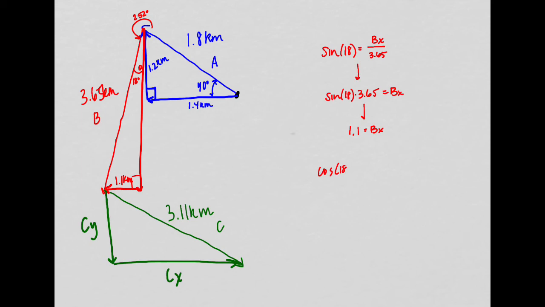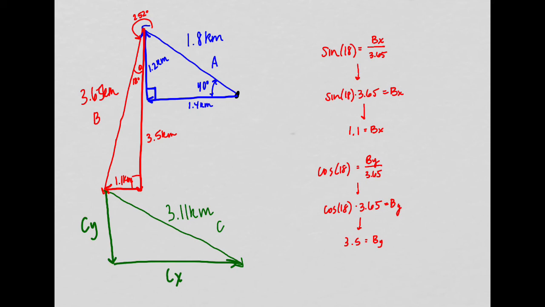Cosine of 18 degrees equals By, which is the adjacent, over hypotenuse, 3.65. Rearrange, and then plug into the calculator, and I get 3.5 is By, excuse me, 3.5 kilometers. Okay, so now we've resolved B into its horizontal and vertical components.